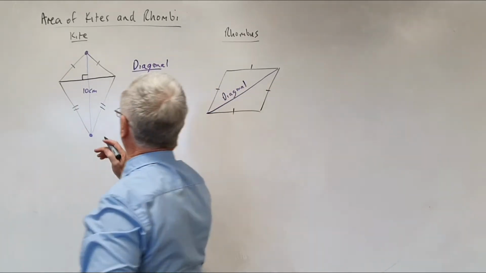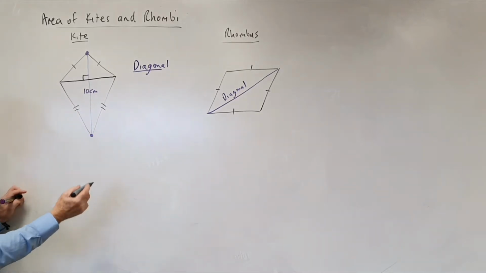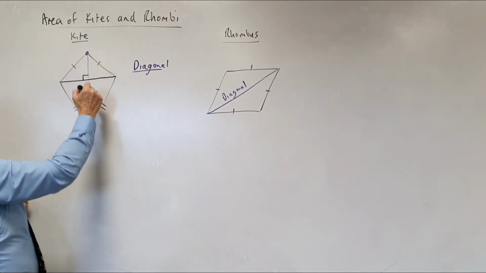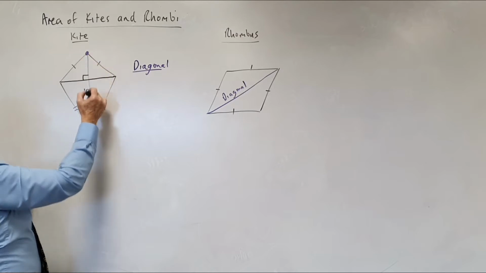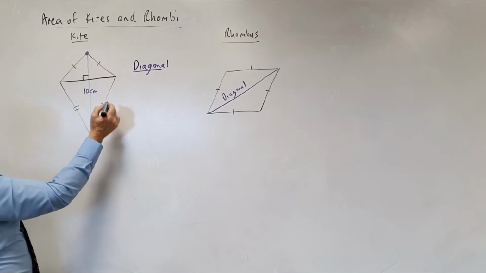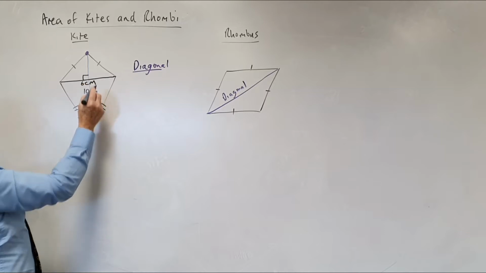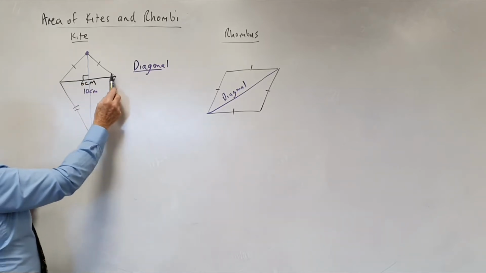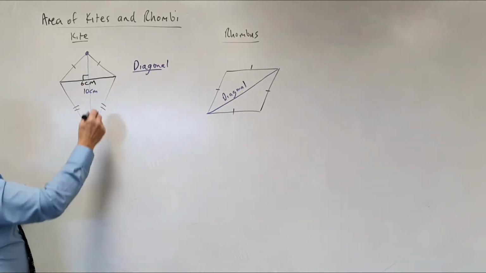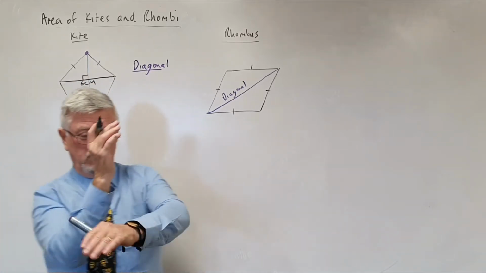Now here's confusing, except if I use different colour pens. The 10 centimetres means the blue line that goes all the way across there, whereas the black pen, I'm going to say this one looks like about 6 centimetres. Now some people will write it in the middle there to make it look like it's all the way across. Using those two numbers, they're the two numbers that meet in right angles.